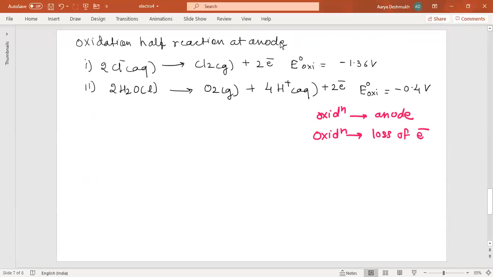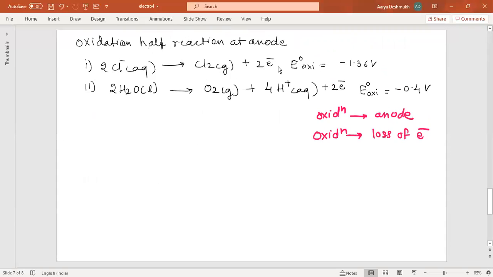Now when you look at these reactions, you can see that the chloride ion loses an electron and is converted into Cl. To maintain the stoichiometry, there should be Cl2, so if you want this in the form of Cl2, then there should be two chloride ions. Each chloride ion loses an electron, and as there are two chloride ions, they lose two electrons, and there is a formation of Cl2 gas here. Now, this is the value for the oxidation potential.